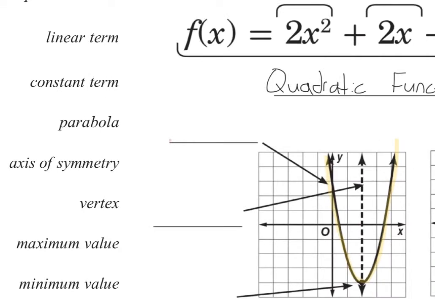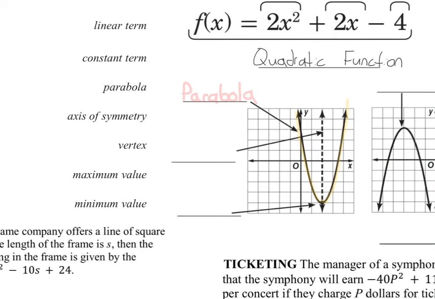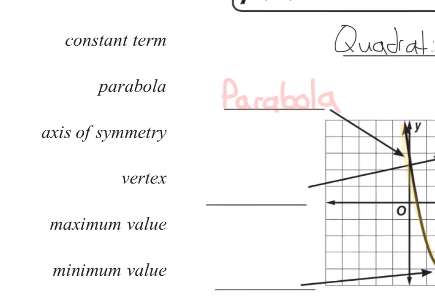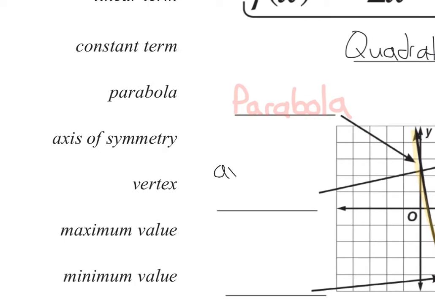That's called a parabola. So you'll hear that term used often as we're discussing our quadratic functions. This next line is pointing to a dotted line that travels down through the middle of the quadratic, through the middle of the parabola, and it is the axis of symmetry.